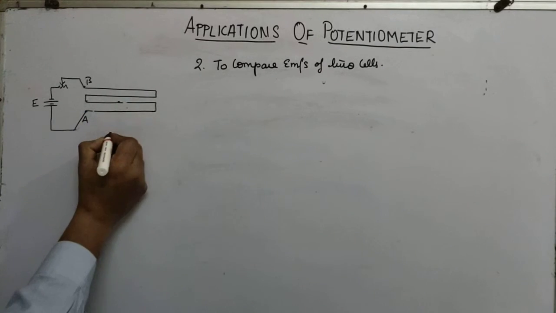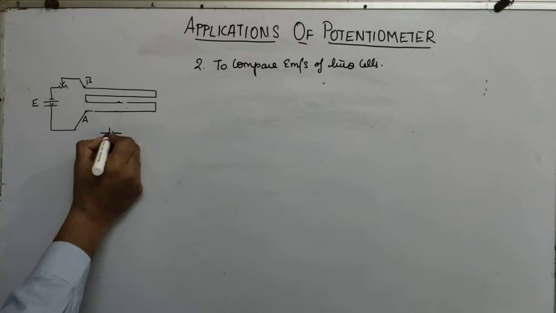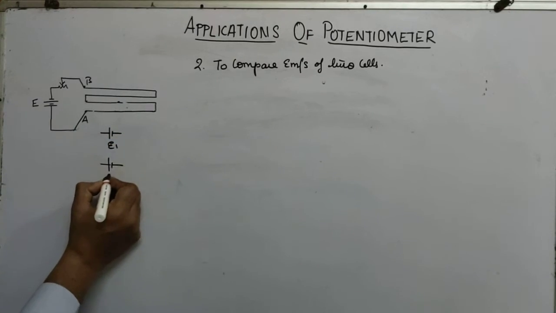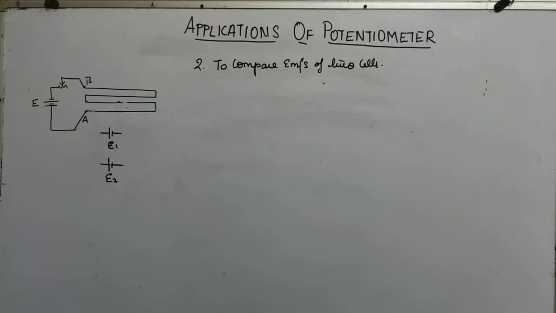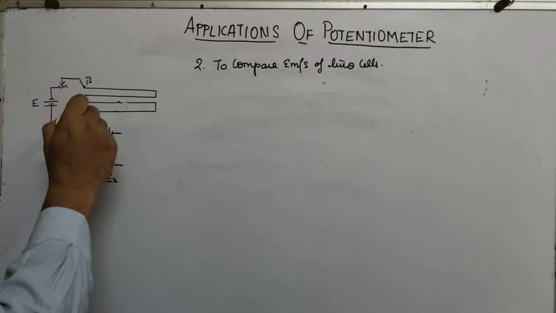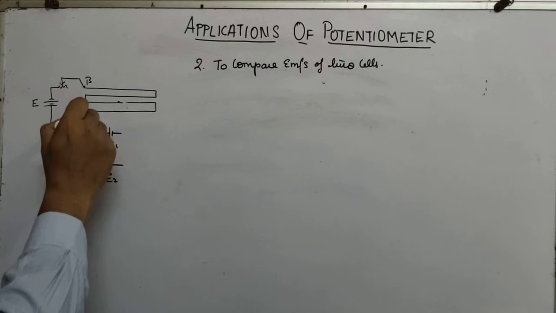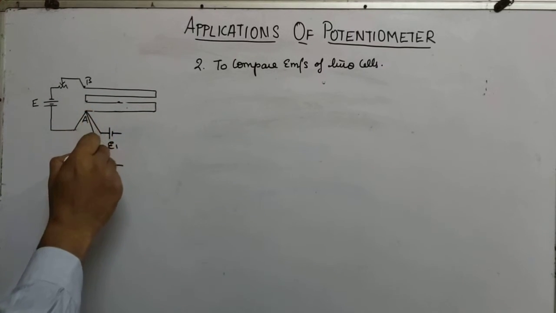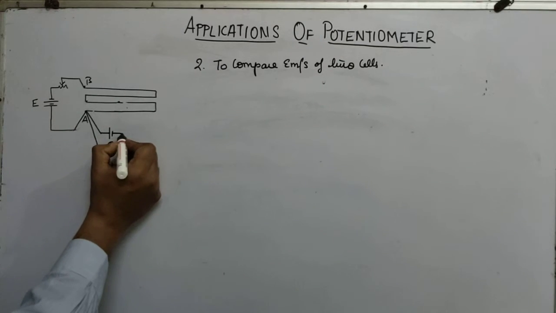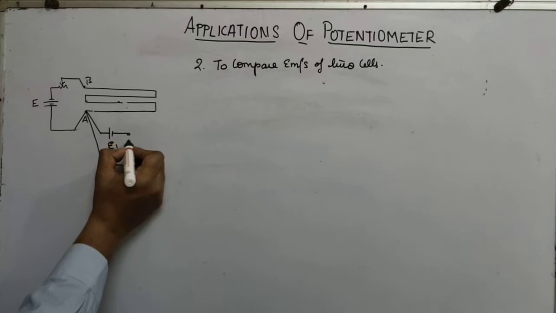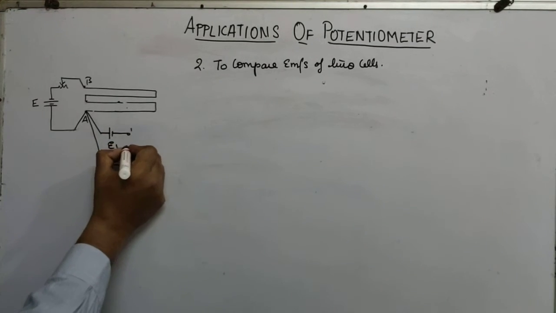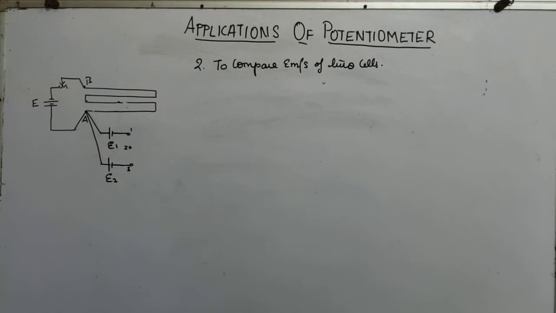Say this is the first cell whose EMF is E1, and this is the second cell whose EMF is E2. We connect the positive terminals of both the cells to terminal A, and the negative terminals of both the cells are connected to a two-way key. That is, this is a two-way key, 1, 2, 3.